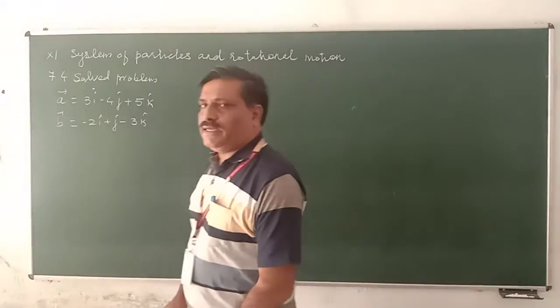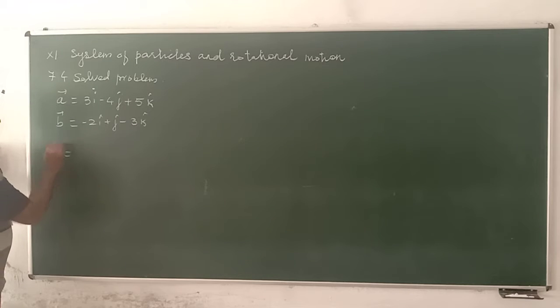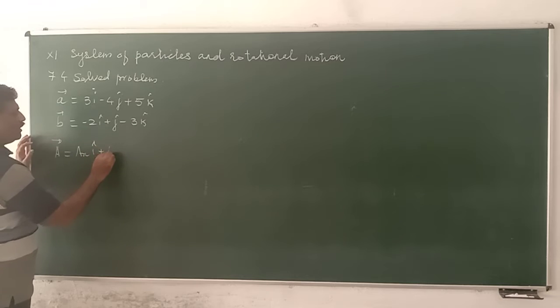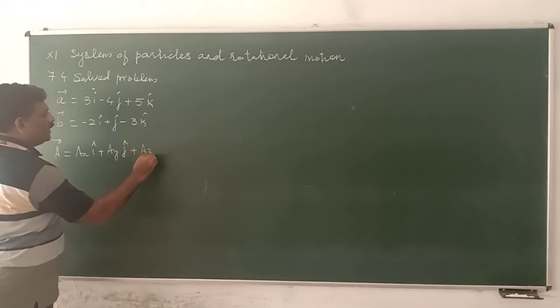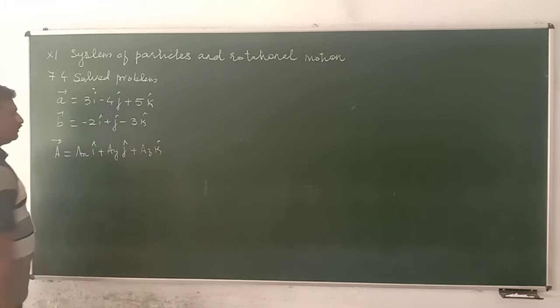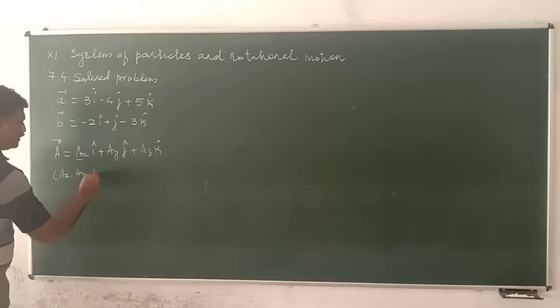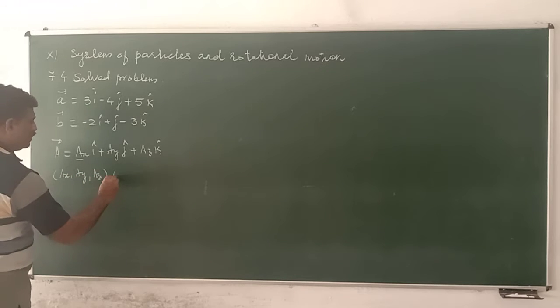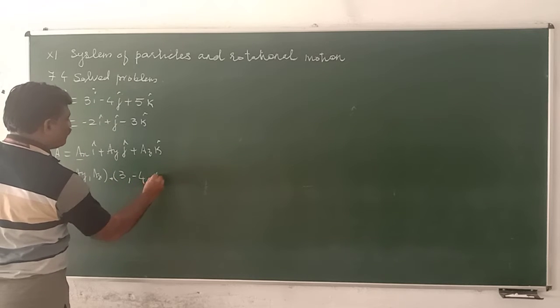Let us see. Generally, any vector A is represented as Ax i plus Ay j plus Az k. Ax, Ay, Az are the x, y and z coordinates. For example, in this one the coordinates are 3, minus 4, 5.